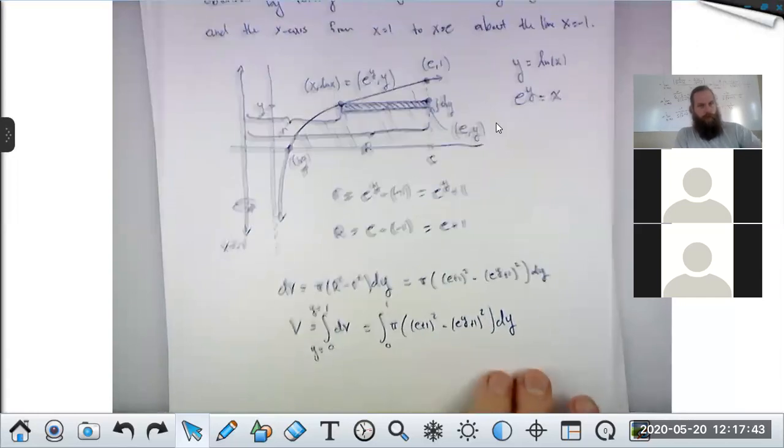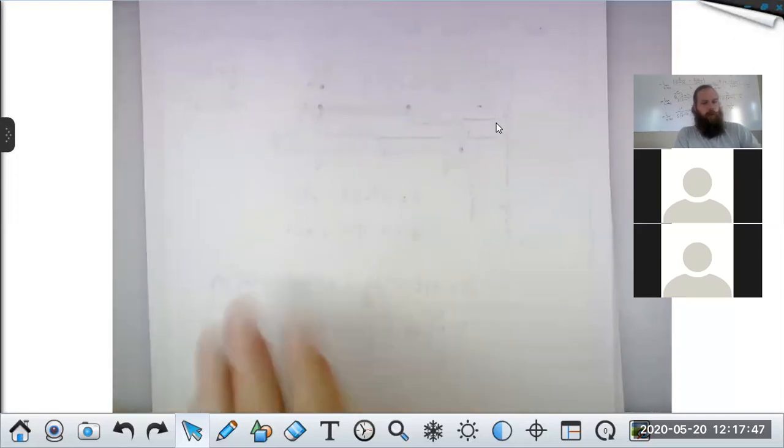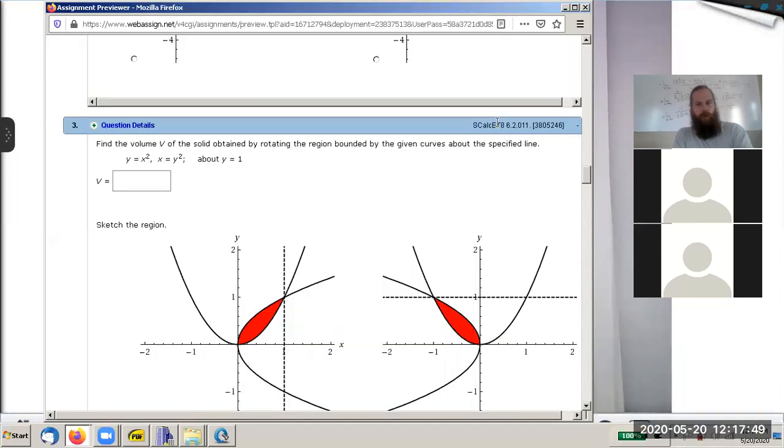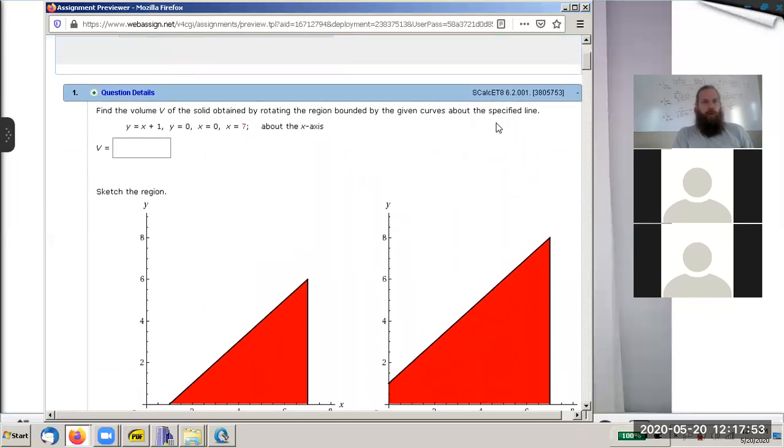Okay. So we wanted to look at number 1 from the homework. We'll do that, and then I'm going to introduce the method of cylindrical shells. So here we want the volume of the solid obtained by rotating the region about the line. So if it's okay with you, I'm not going to write all the words.